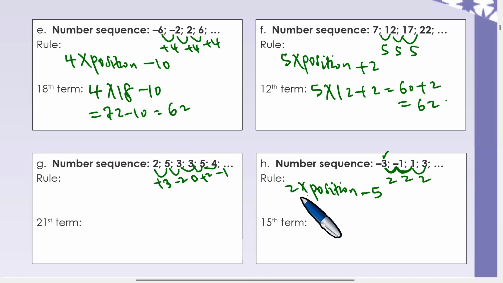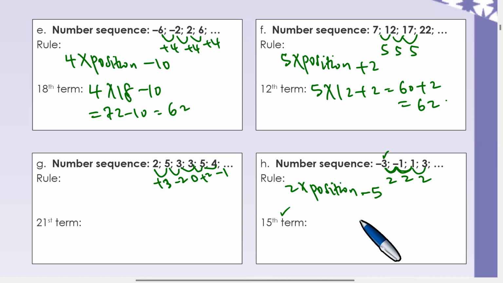Okay. Now let's check position 2. If you put 2, what is 2 times 2 here? It's 4. Minus 5, it's minus 1. So we're getting the correct one. So now, what is the 15th term here in H? Let's check.